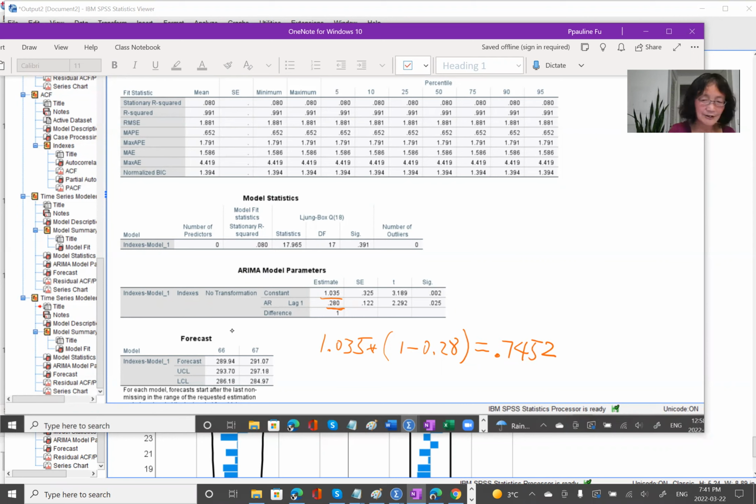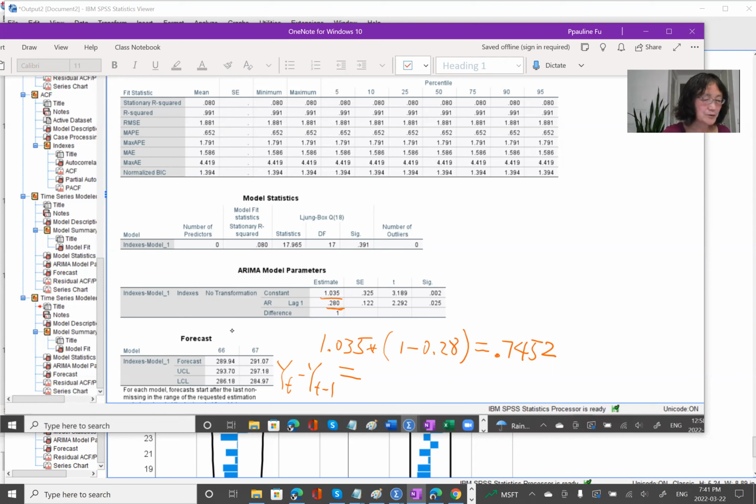After you get this number, you can write down the equation. So what is the equation here? Remember, we use the difference for the AR1 model. Because we are using difference, YT minus YT minus 1 is the difference.